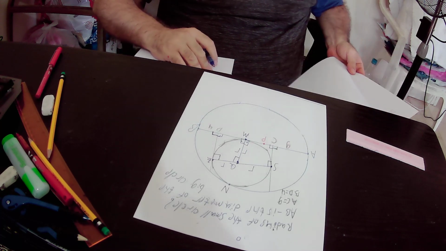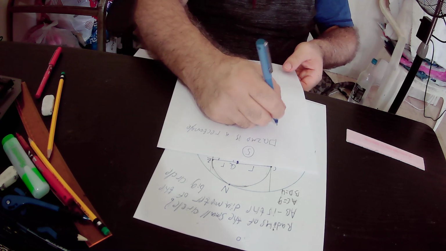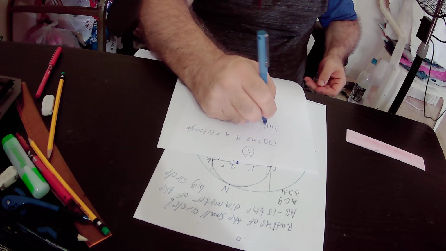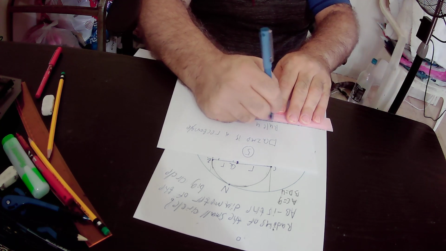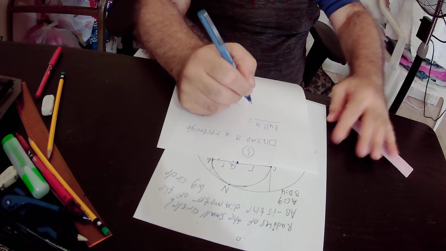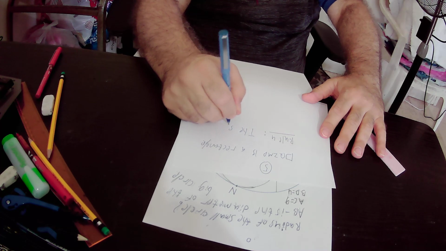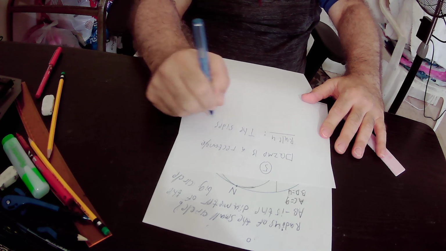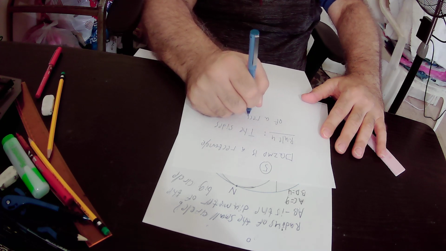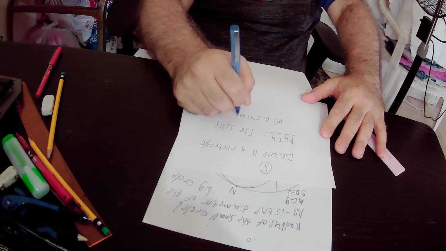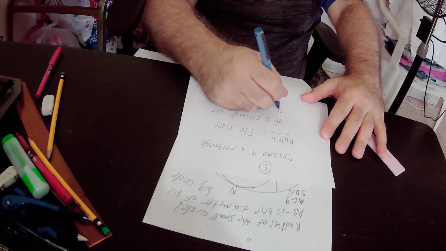And we have rule number 4 that states that the opposite sides of a rectangle are equal to each other. Okay? The opposite sides of a rectangle are equal to each other.